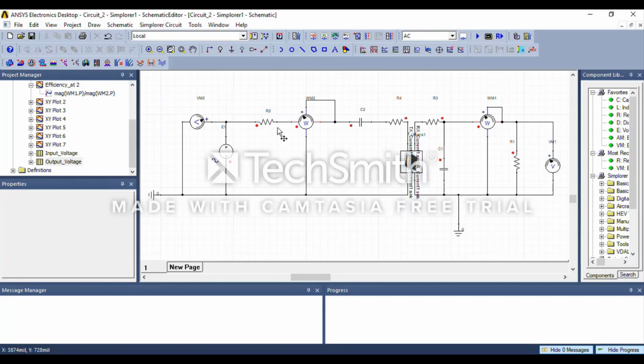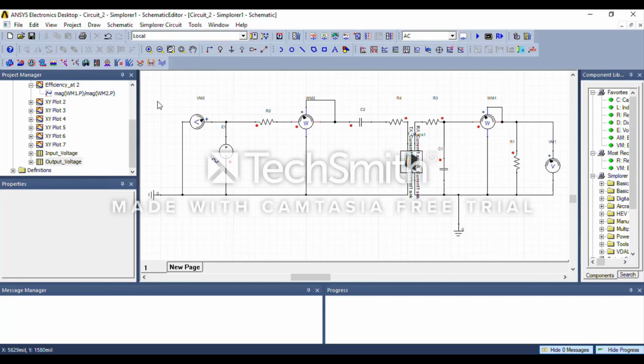Also, we have connected a wattmeter, which will measure the input power to the transmitter coil. Similarly, at the receiving side there is another wattmeter which will measure the received power, and the series resistance R1 is the load resistance, which will represent the load, which is in our case the battery charger circuit.